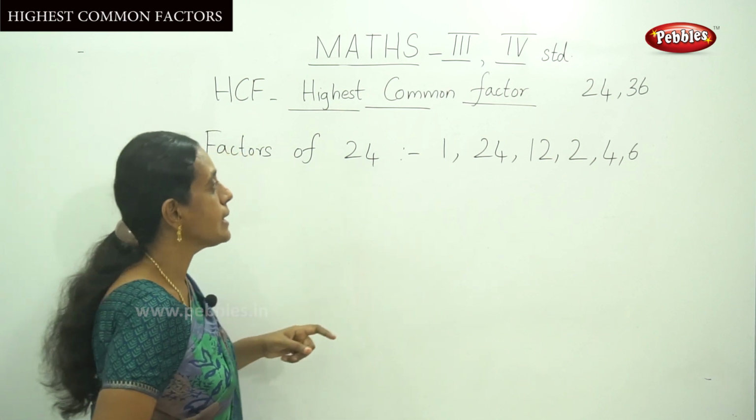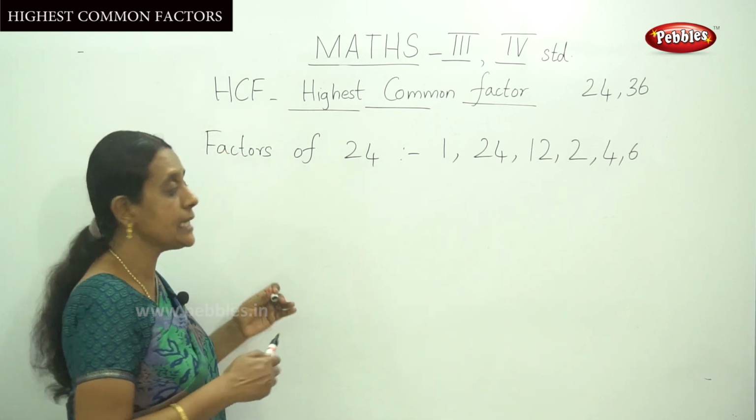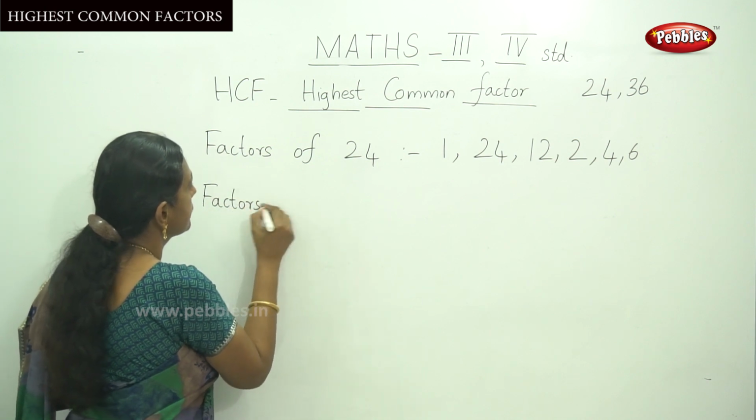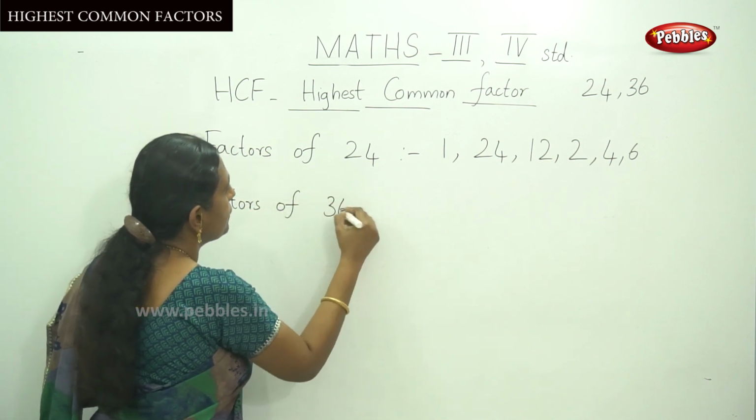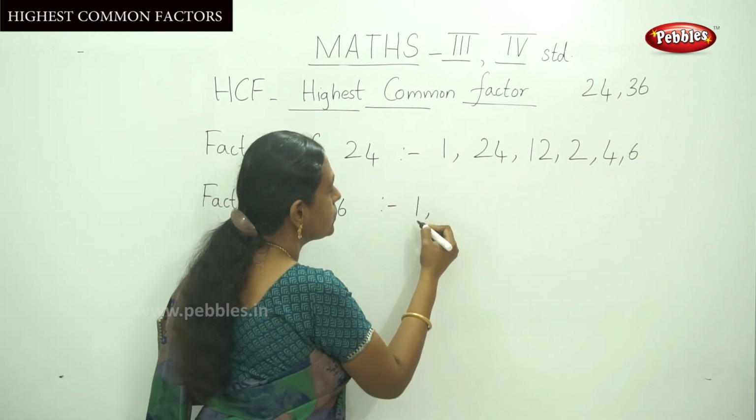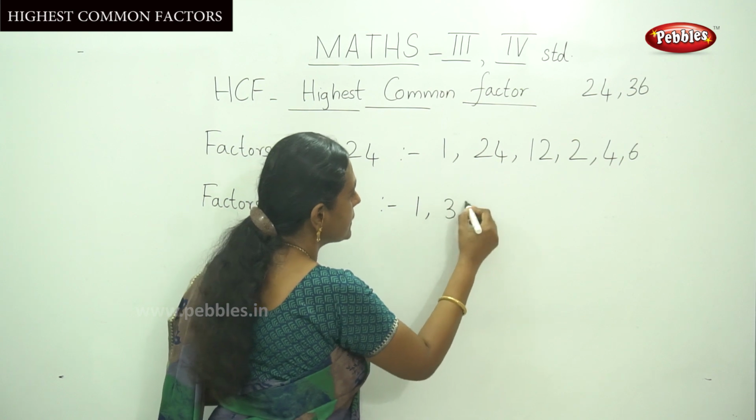And next, the factors of 36. Similarly, first write down the numbers 1 and 36.